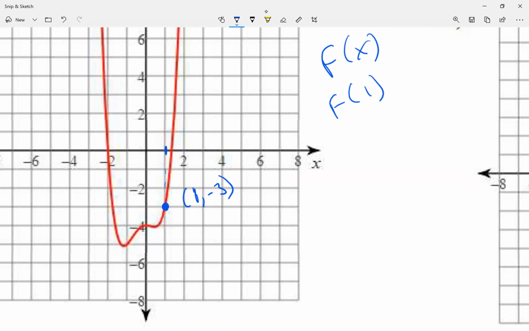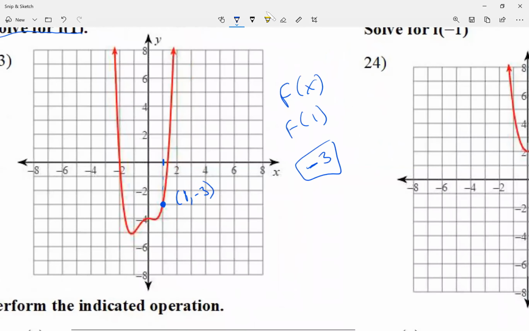So my answer here will be -3. I found 1 on my x-axis, I followed my line to see where my graph intersects, and it intersects when y is equal to -3.